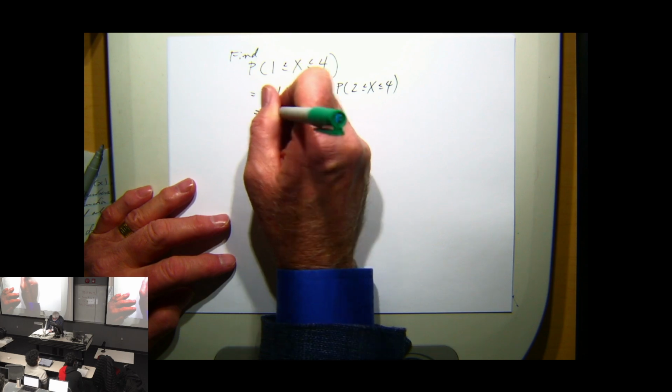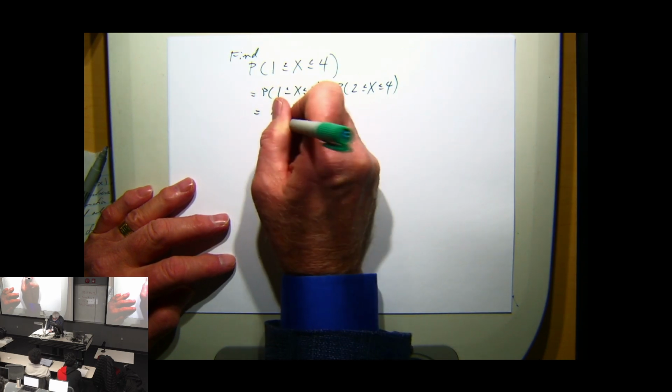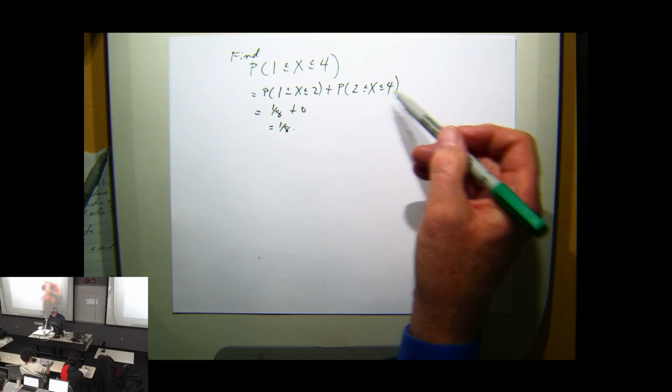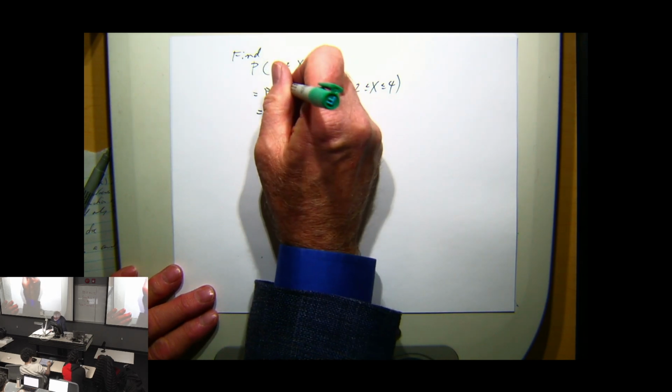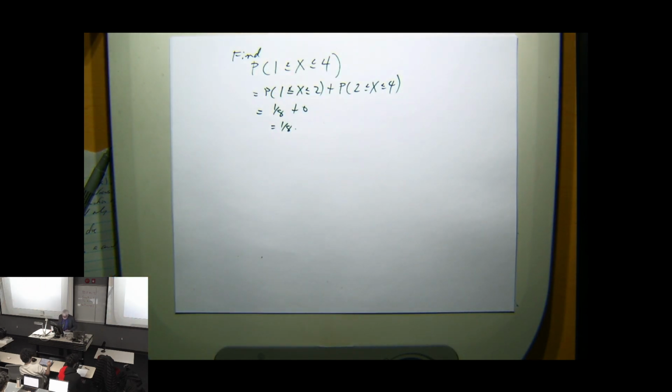So that was going to be 1/8 plus 0, which is 1/8. I typically wouldn't bother writing in the plus 0. I just recognize the problem collapses down to the probability that x is between 1 and 2. So those kinds of things can be thrown in to make life more interesting for you.